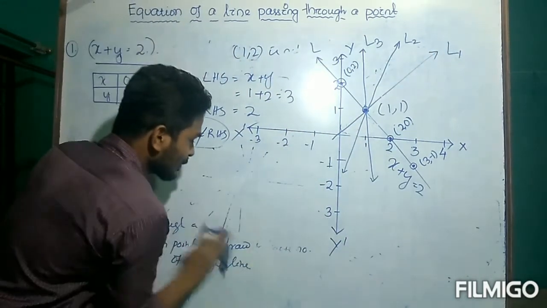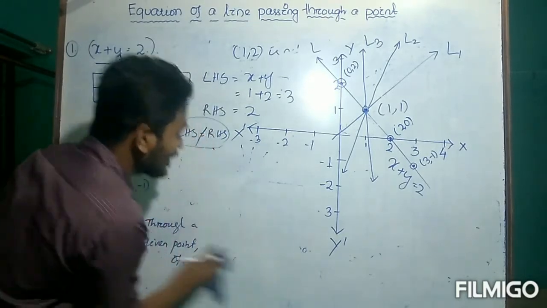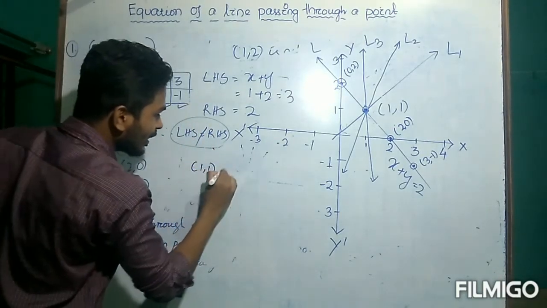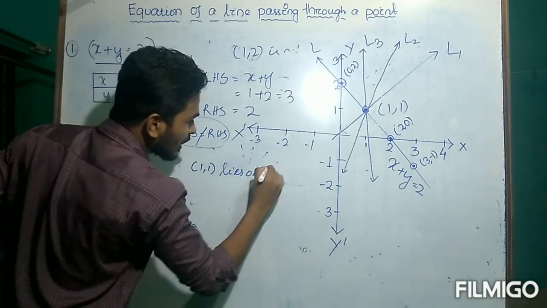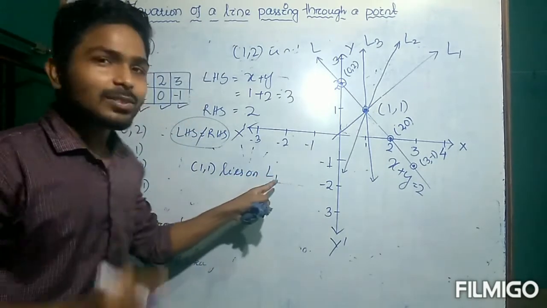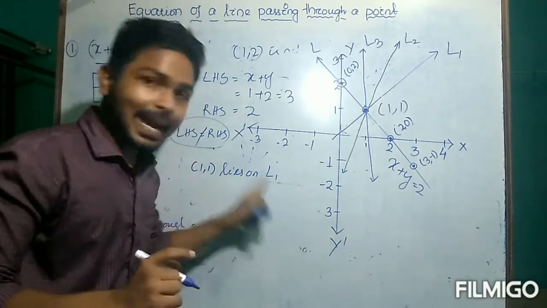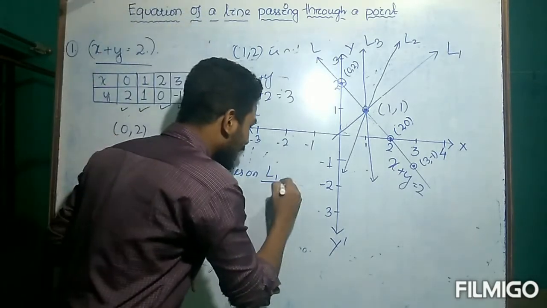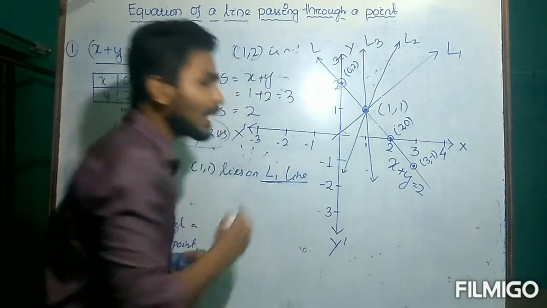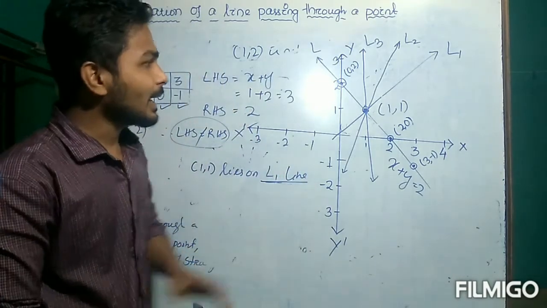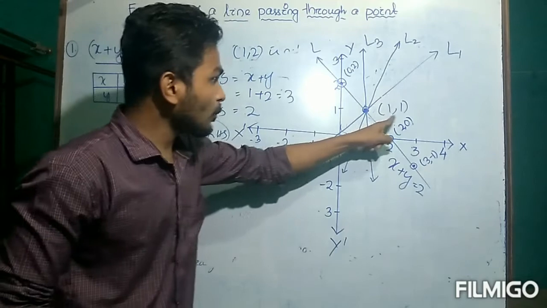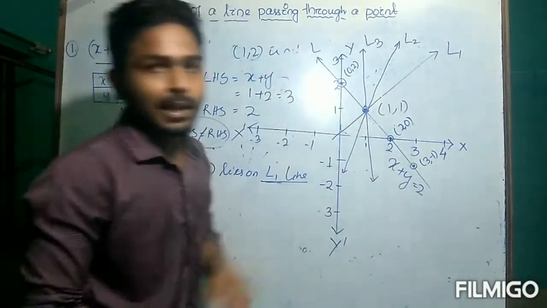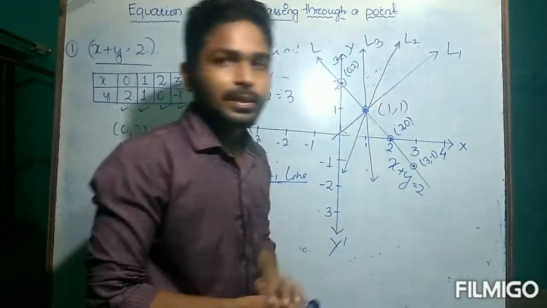So you can write, 1 point lies on L1. Since it lies on the L1 line, this point must satisfy the equation for the L1 line. Again I am saying, since the 1 point lies on the line L, it will satisfy the equation.